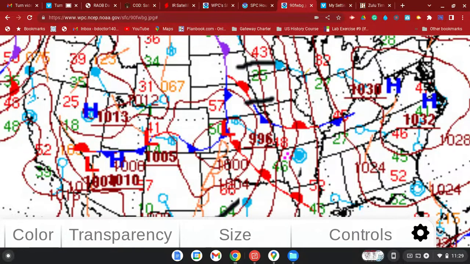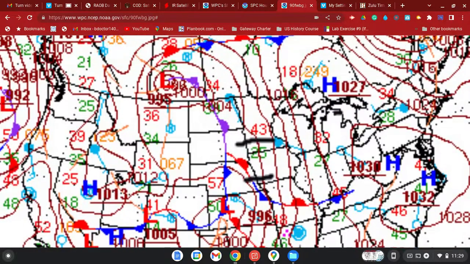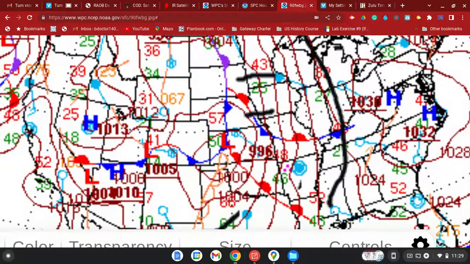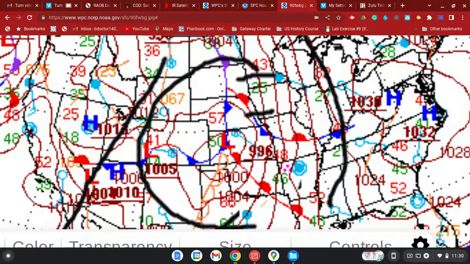Right now, if I were just reading this map this morning, I would say it's pretty stable from that line on east. It's pretty stable from this line on west. And then it's right here where the weather is sort of turbulent.